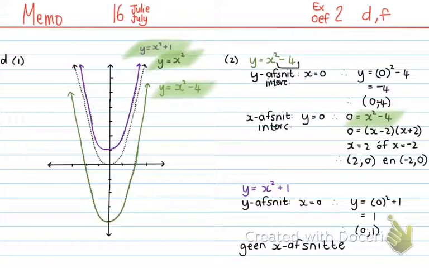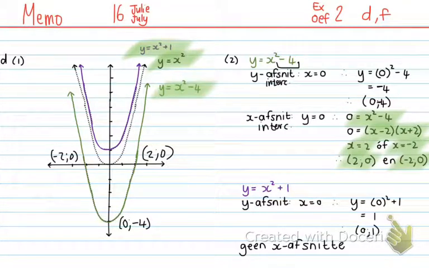Then I factorize that, x minus 2, x plus 2. So x is 2 or x is negative 2. The coordinates will then be (2, 0) and (negative 2, 0). I put that on my graph, (2, 0) and (negative 2, 0), and also the y-intercept at (0, negative 4).